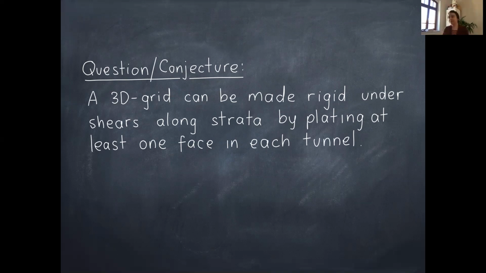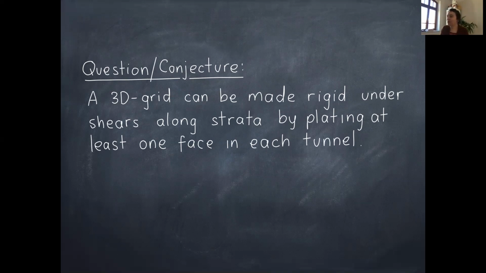That's the conjecture that we have, but we don't know if it's true or not. We do believe it, and we think that this will help us understand the rigidity of 3D quasicrystal frameworks.